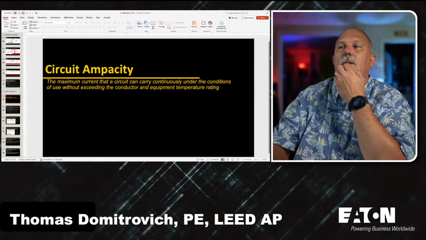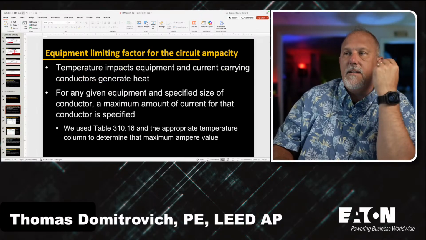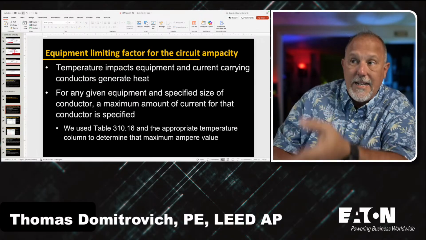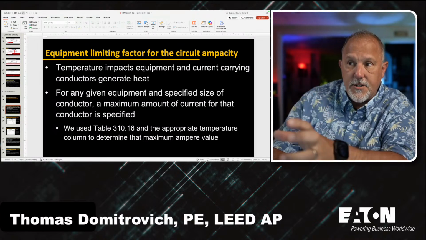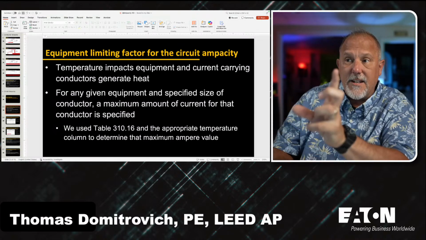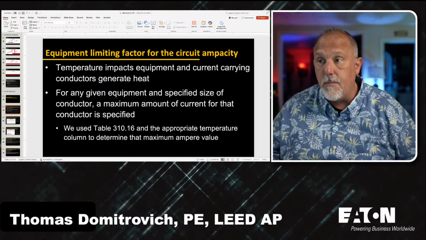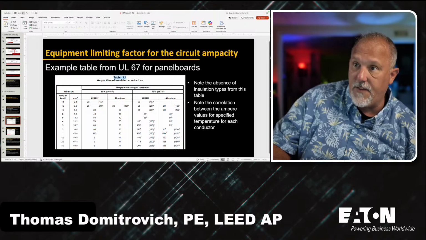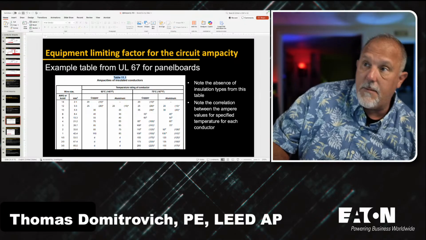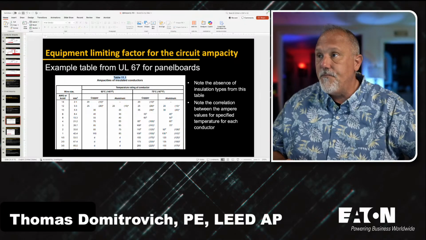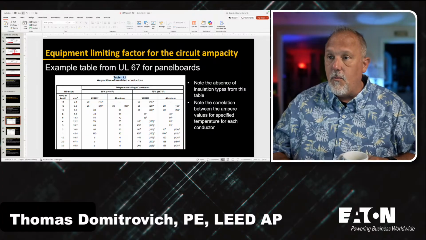So I have circuit ampacity. Temperature impacts the equipment. For any given equipment and specified size of a conductor, the maximum amount of current for that conductor is specified, and we use table 310.16 in the appropriate temperature column to determine that maximum ampere value. This is the example from UL 67 for panelboards, table 11.1.